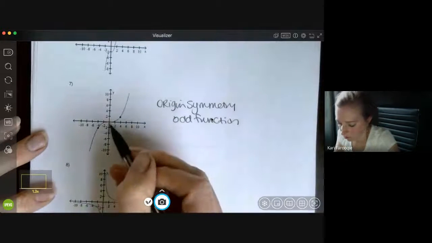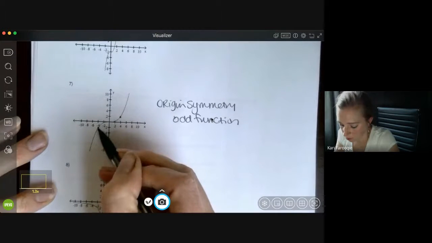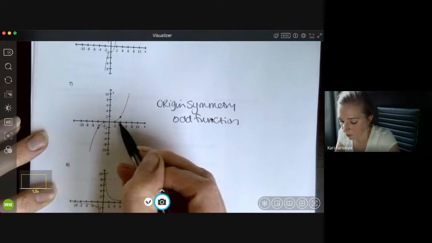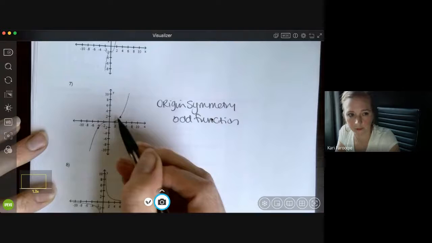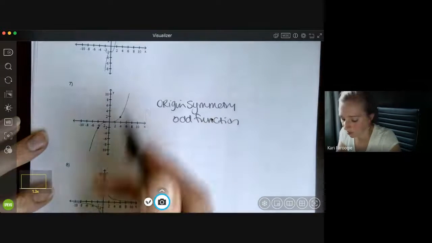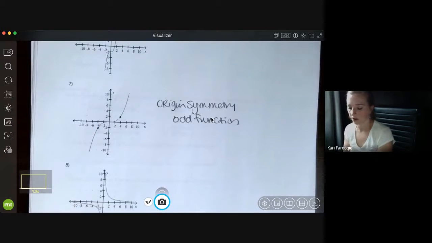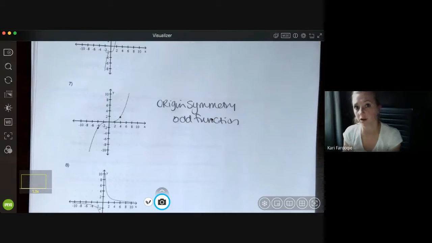So like f(-4) is the same value as -f(4). So if you wanted to plot some points down and test that out, you'd be able to see that too. I find that students are able to see it a little bit better visually just by flipping their graph. Any questions on number 7?